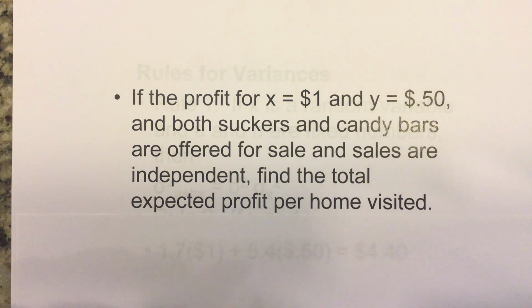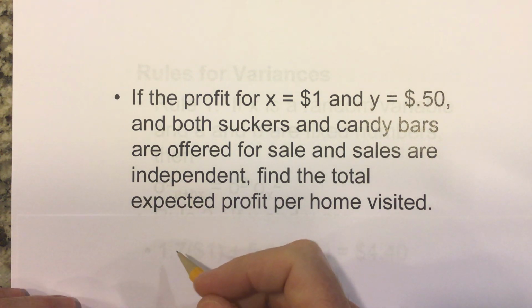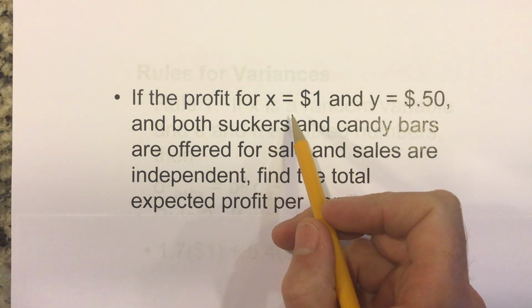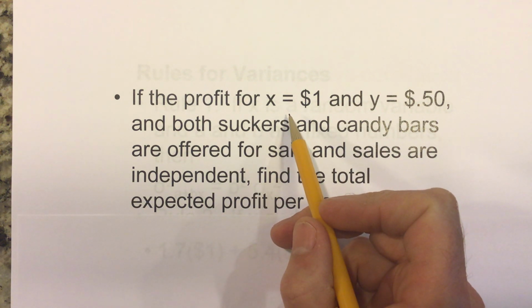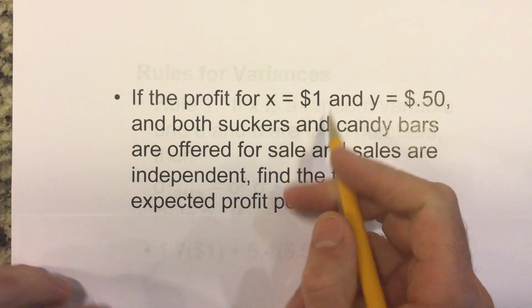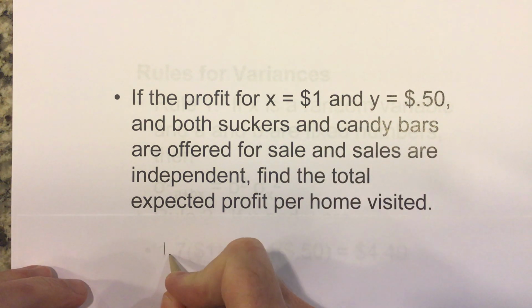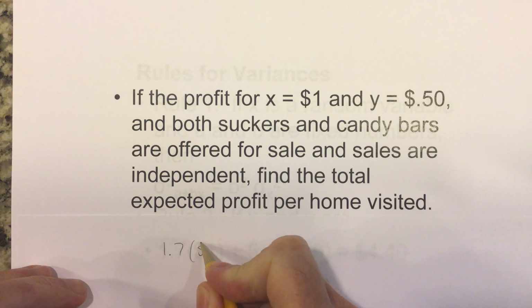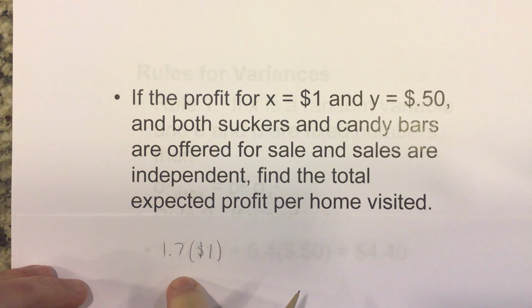Okay, so here's our rule. We're going to be taking the mean of x, which is 1.7, and it gets multiplied by $1. So that's how much money you make per home visited on candy bar sales.